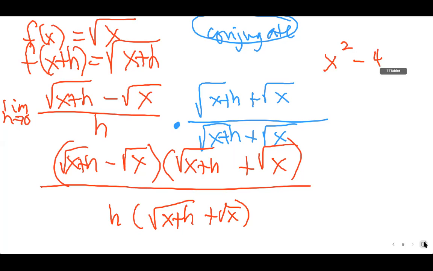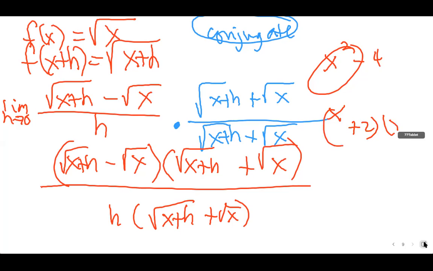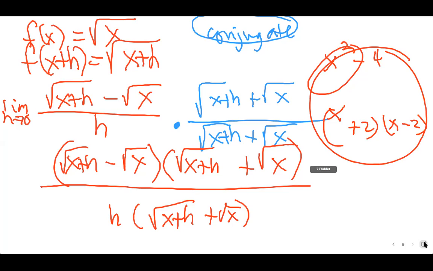Ang palaging sagot dito is kukunin mo lang yung square root of x squared, which is x, and then yung square root ng 4, which are positive 2 and negative 2. So this kind of solution we will put it here.